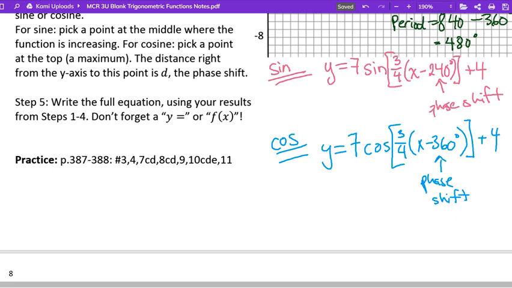Does that make sense? You have to include degrees in the equation.